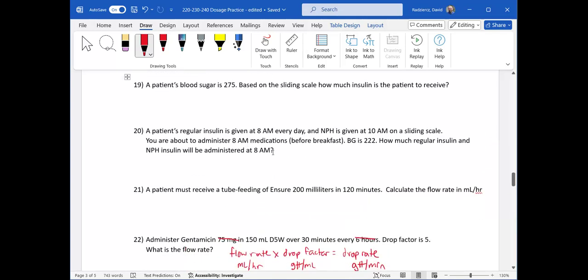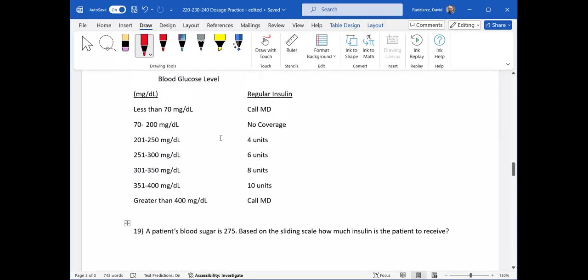I was looking at these blood glucose questions, but it's referencing this sliding scale here.